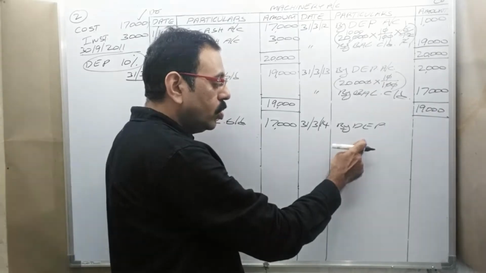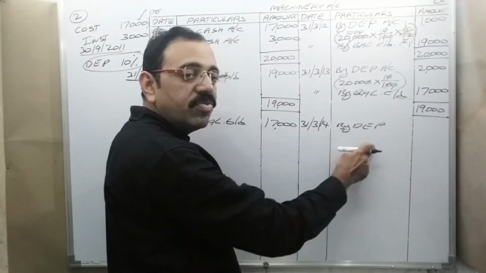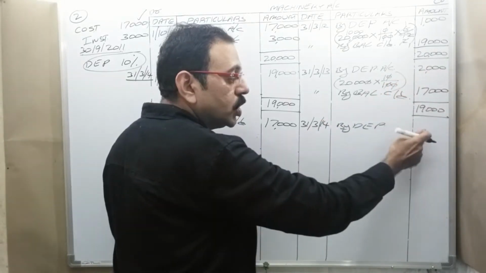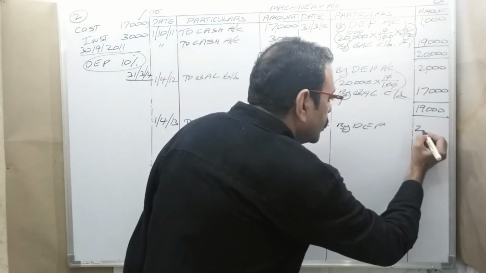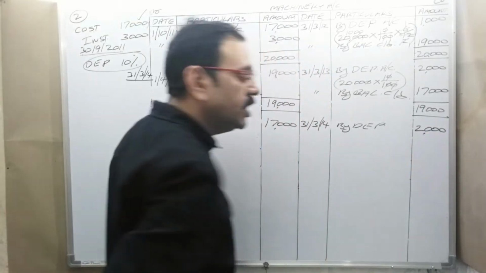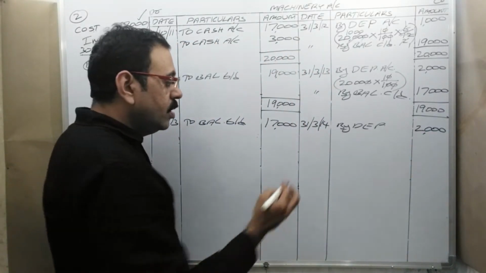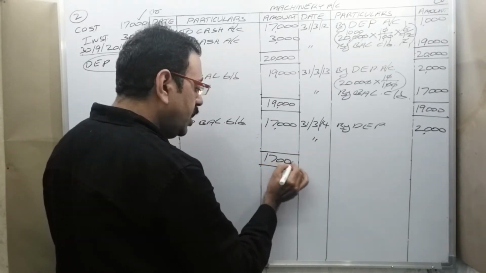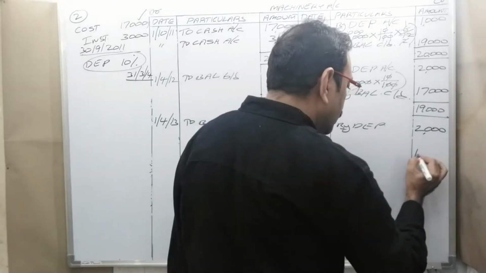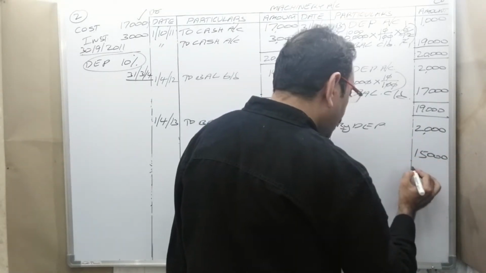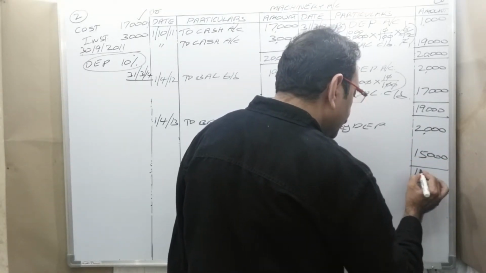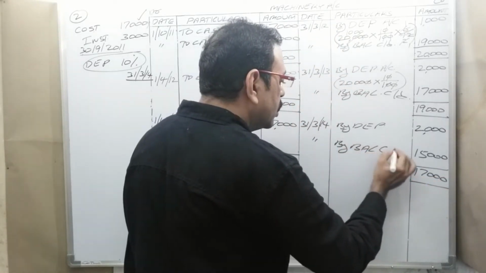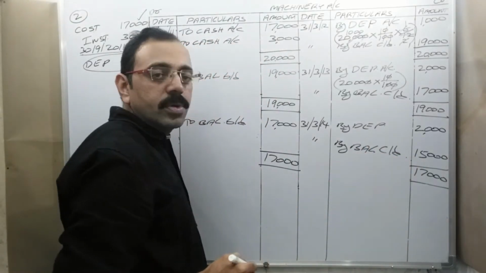So in the third year also, since we use that asset for the same period, 1 year, we can take the same 2,000 rupees here. You need not show the calculation again. Okay? Now, 17,000 rupees minus 2,000 is equal to 15,000 rupees is the balance carried down.